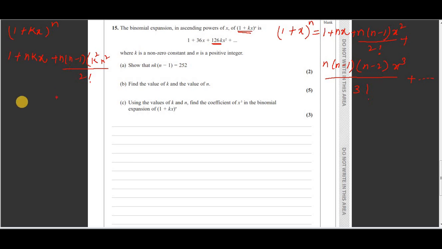In this expansion I have n(n minus 1) k squared upon 2 factorial, and 2 factorial is 2, equal to the coefficient of x squared in the given expression, 126k. One k is cancelled, 2 multiplied with 126, so n(n minus 1)k equals 252. This is our required condition.